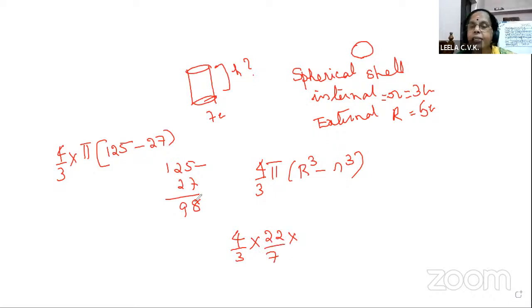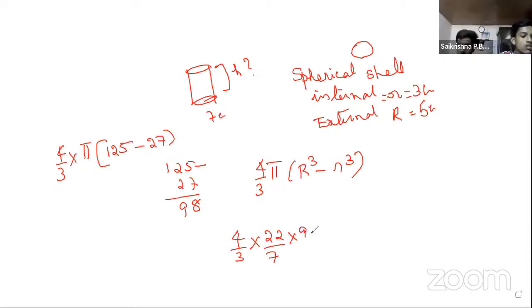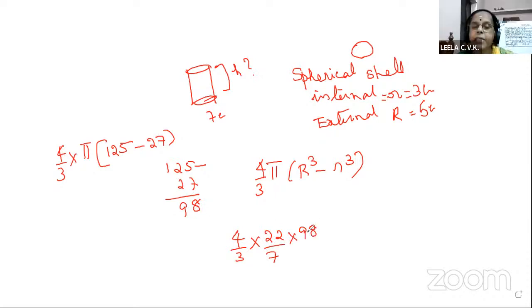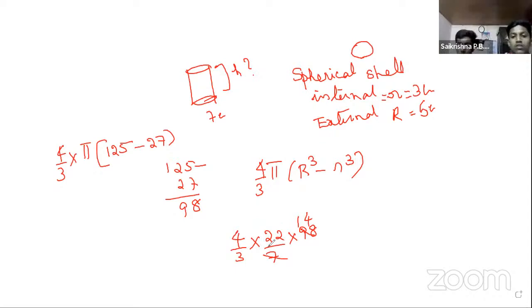Yes, because 98 is a multiple of 7. So 7 times how many is 98? 14 times. So 14 into 4 into 22/3.